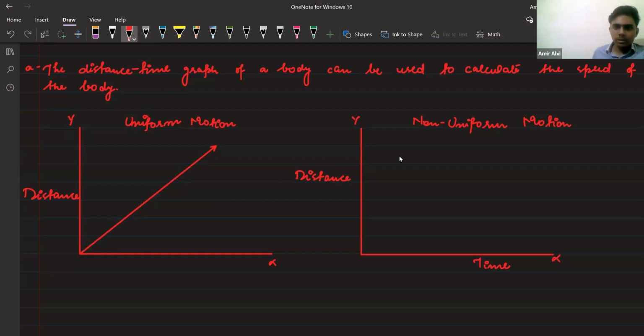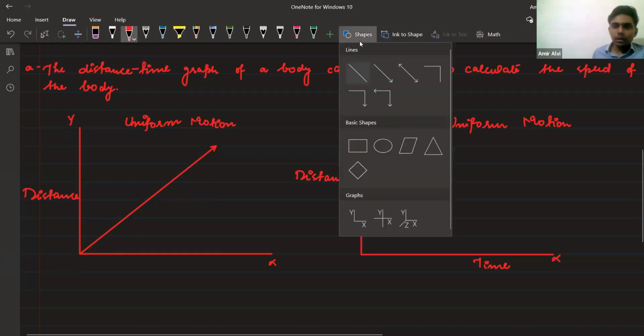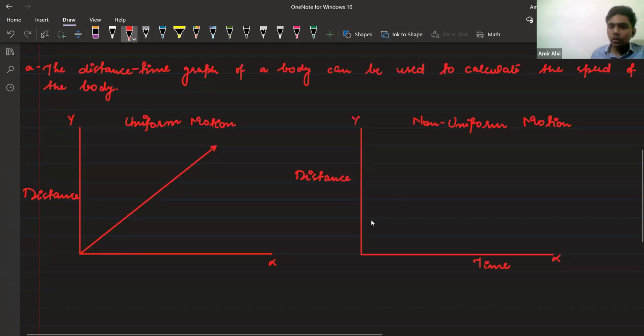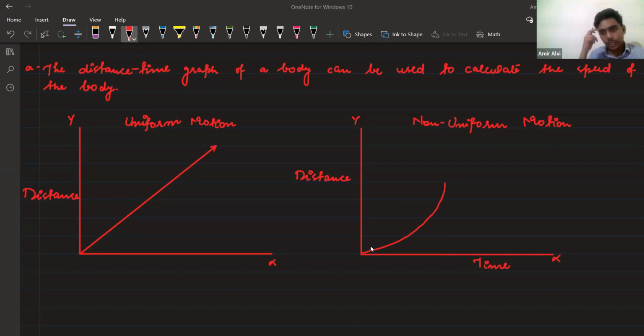Okay, that's good. Now let's do it for non-uniform motion. In that case, it will not be a straight line. It will be like this. Clear? So it will be a curved line. It's for the non-uniform motion.